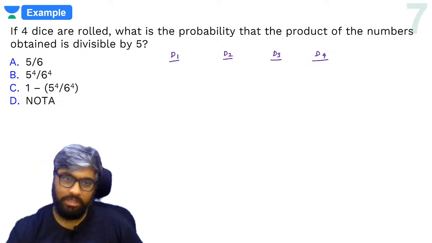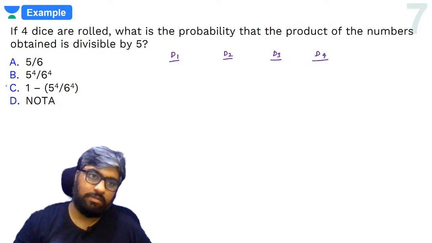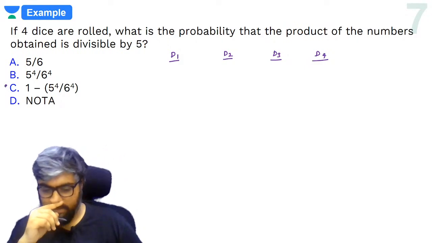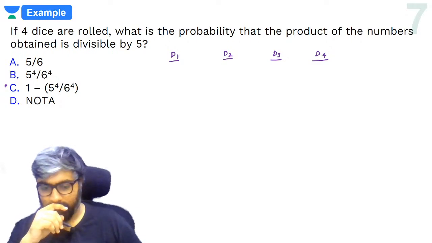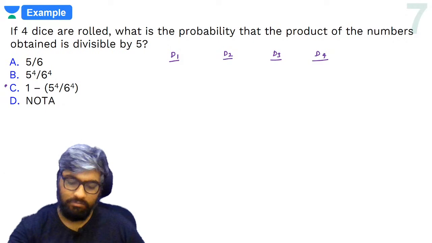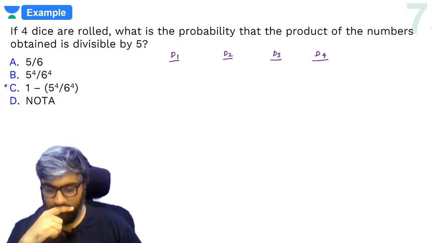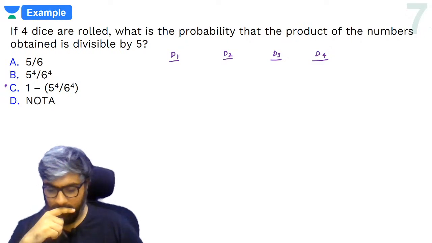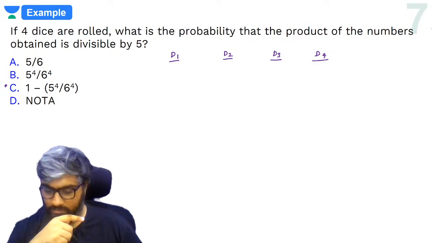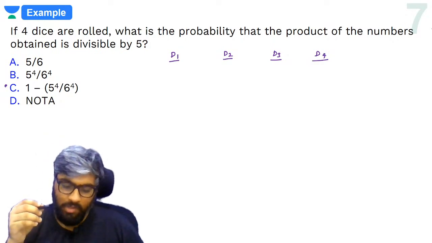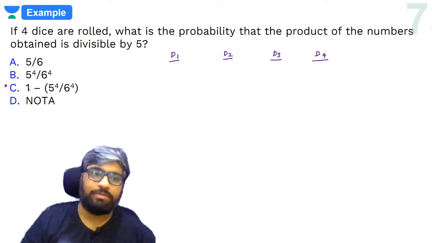Okay, Isha and Sunidhi are saying option C. Others? All right, so everyone is saying option C. Very nice.